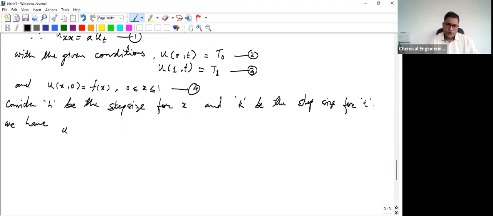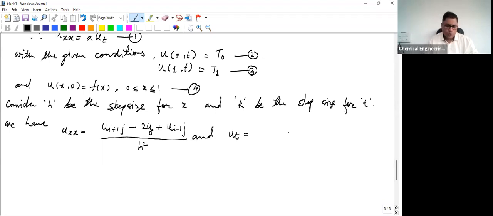So u_xx we can approximate as (u_{i+1,j} minus 2u_{ij} plus u_{i-1,j}) divided by h square, and u_t is (u_{i,j+1} minus u_{ij}) divided by k.